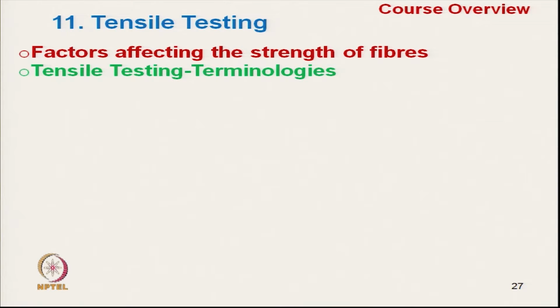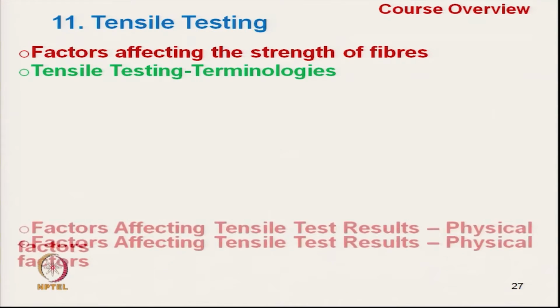All these terms we will discuss here, and we will try to clarify the doubts and various confusions among the students. Also, how to convert the load elongation curve to stress strain curve.